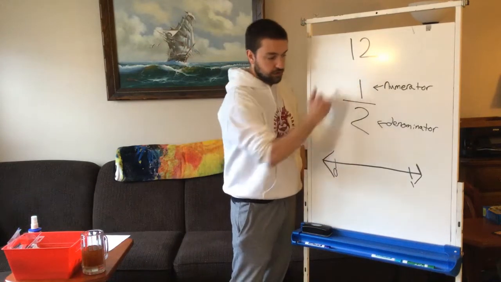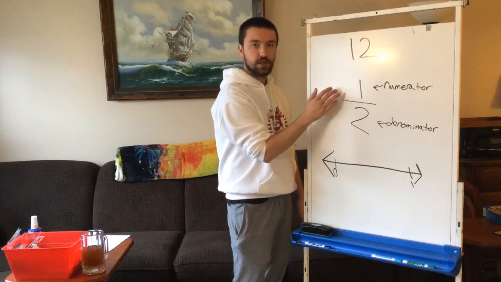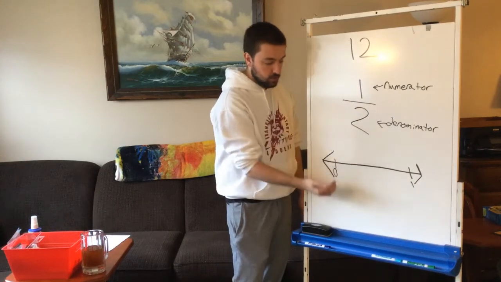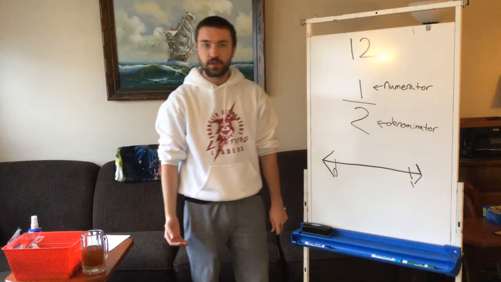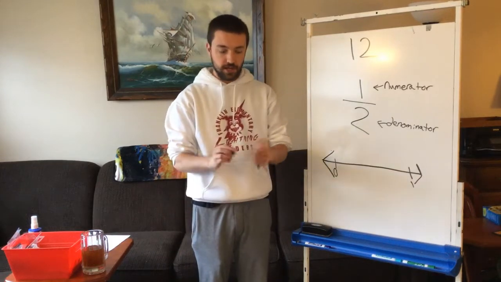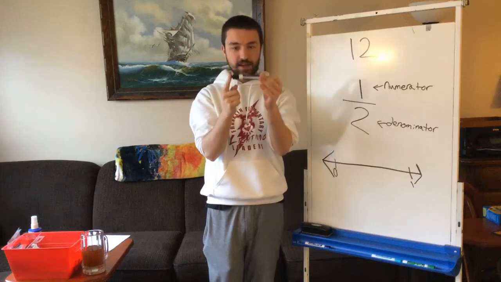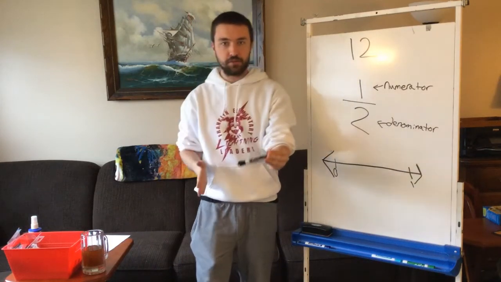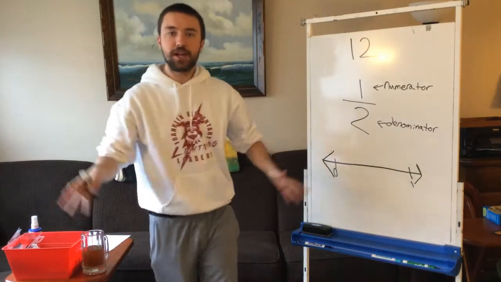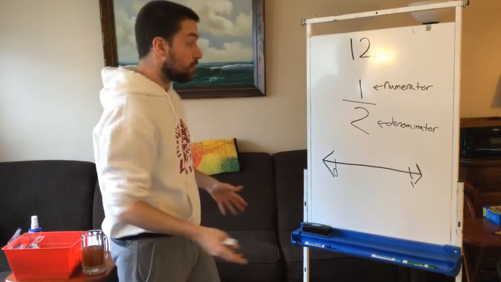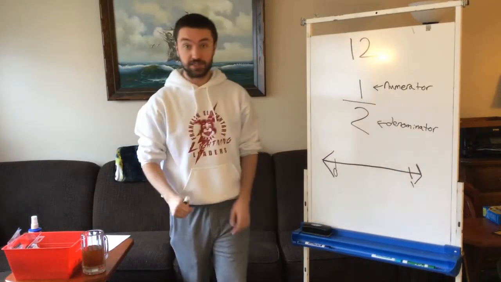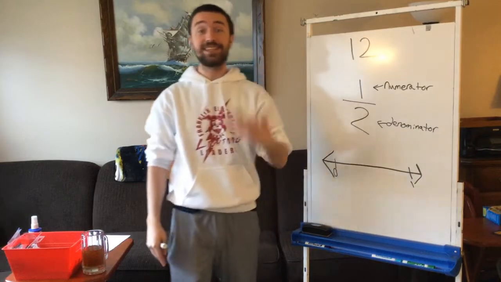Okay. Now, each of these means something. I told you that with a fraction, especially when the number on top is smaller than the number on the bottom, we're between 0 and 1. So we're pretending we took something, any complete thing, and we broke it up into pieces. But we didn't break it up into random pieces. We broke it up into equal pieces. Each piece is the same size.